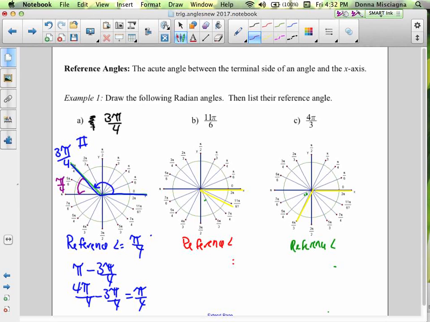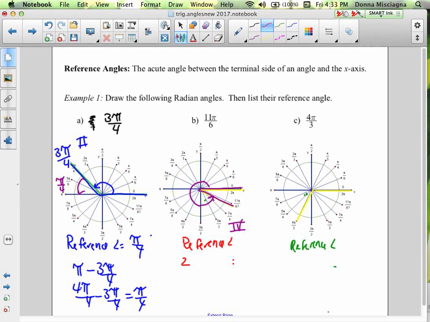All right, we have 11 pi 6. I'm going to just kind of outline it. So this is 11 pi 6 right there. It goes all the way around like this. We're in the fourth quadrant. That means we're going to subtract from 360, and 360 is the same as 2 pi.